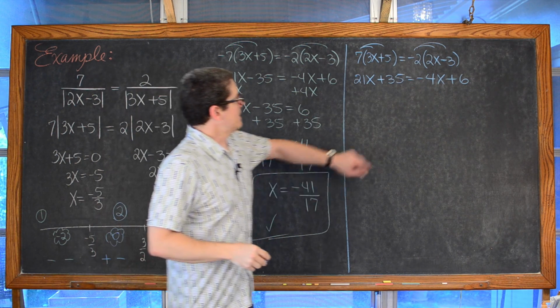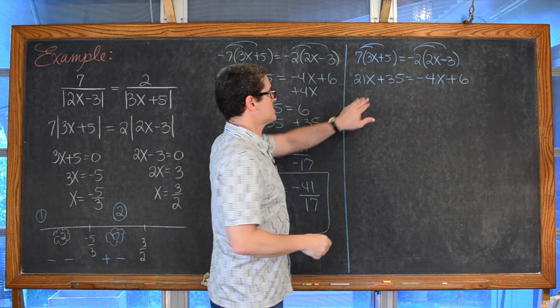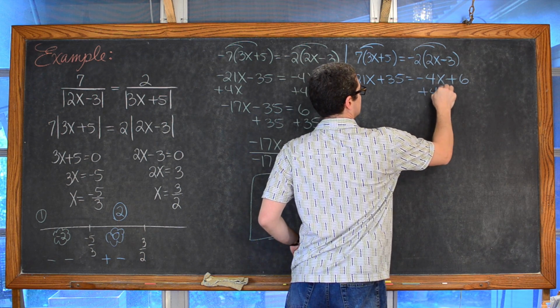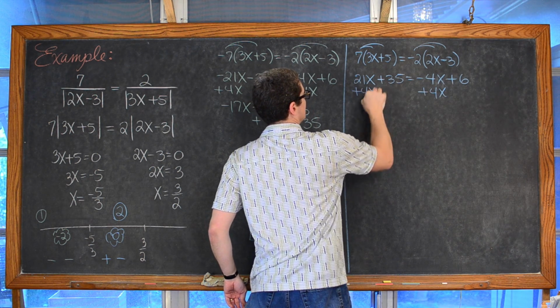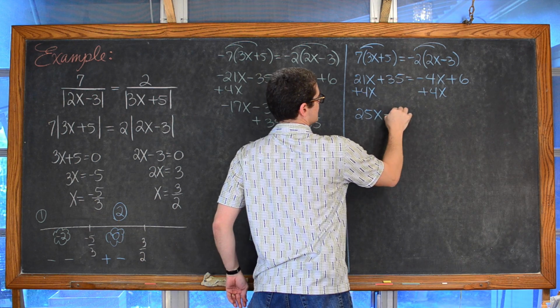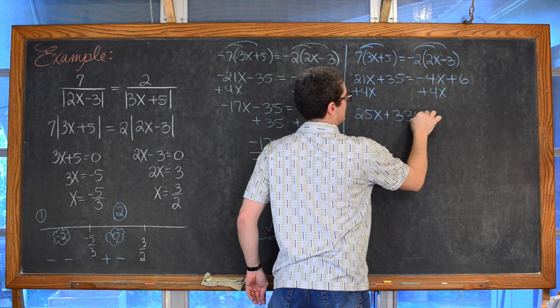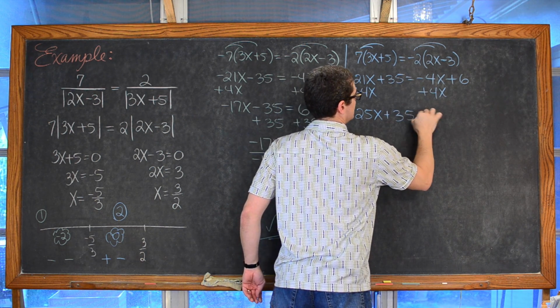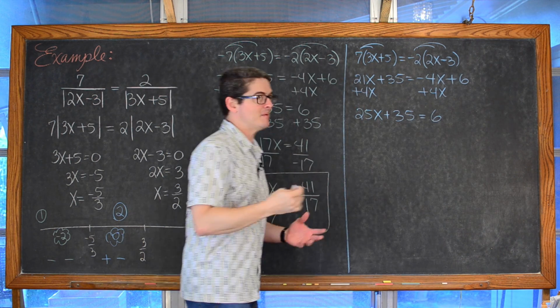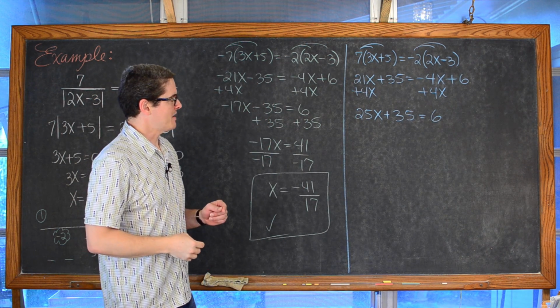Okay. Now we're going to move this 4x over to the other side with addition, and get 25x plus 35 is equal to 6. I'm getting excited about being close to the answer, and I don't want to make a careless mistake.